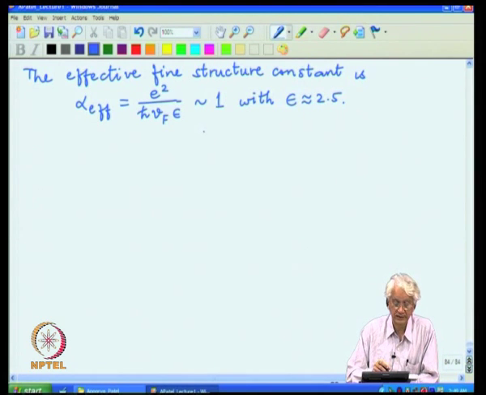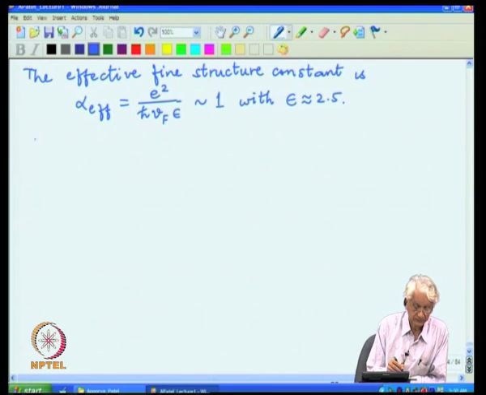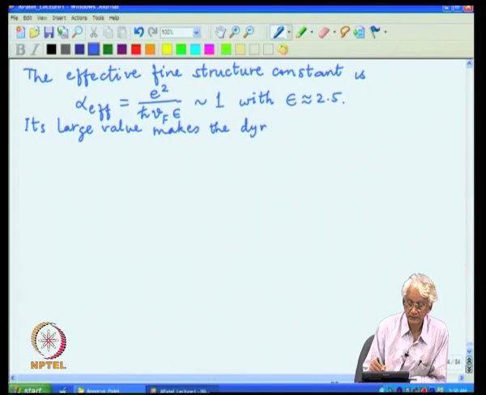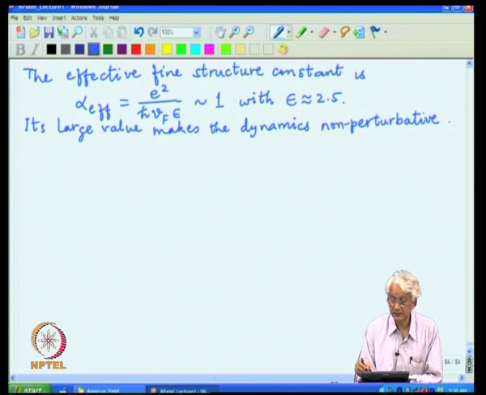Remember, in standard electrodynamics, alpha was 1 over 137. So, its large value makes the dynamics non-perturbative, even though the interaction is just electrodynamics.